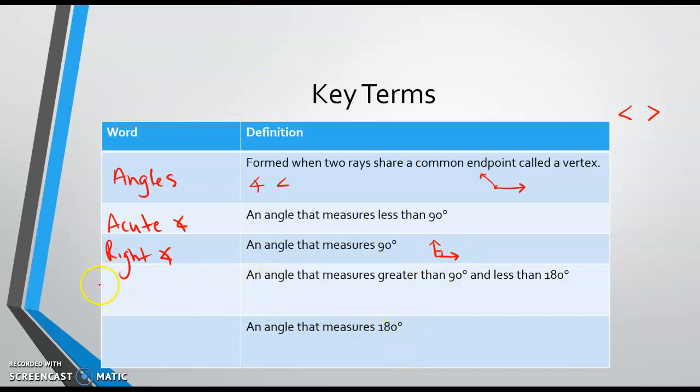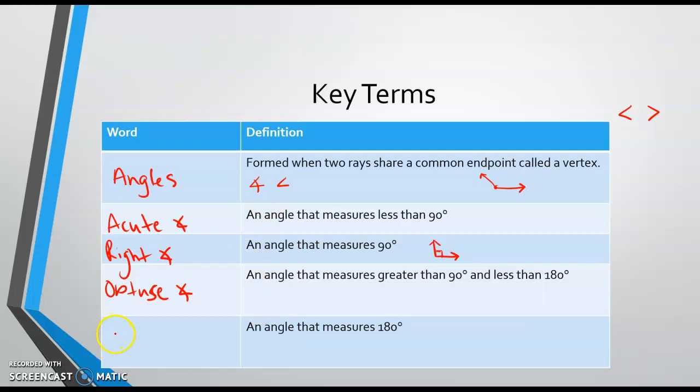An angle that measures greater than 90 but less than 180 we call, I'm getting ahead of myself. We call an obtuse. I was being obtuse there. An obtuse angle. So those are our bigger angles. They're bigger than 90, but they're less than 180.